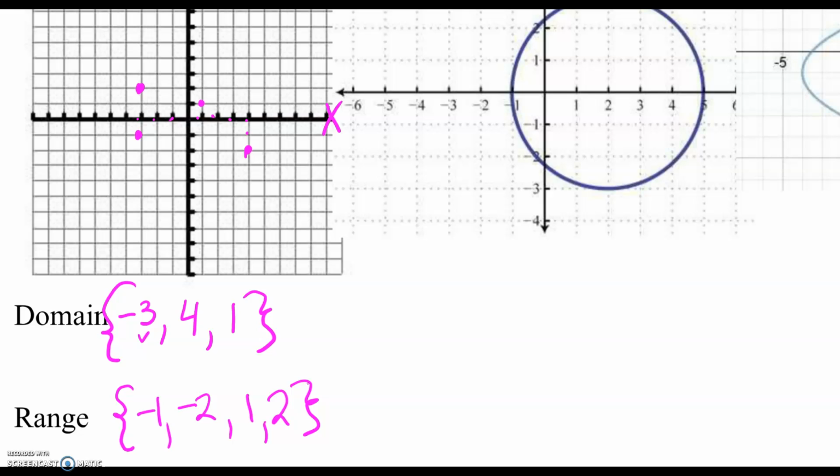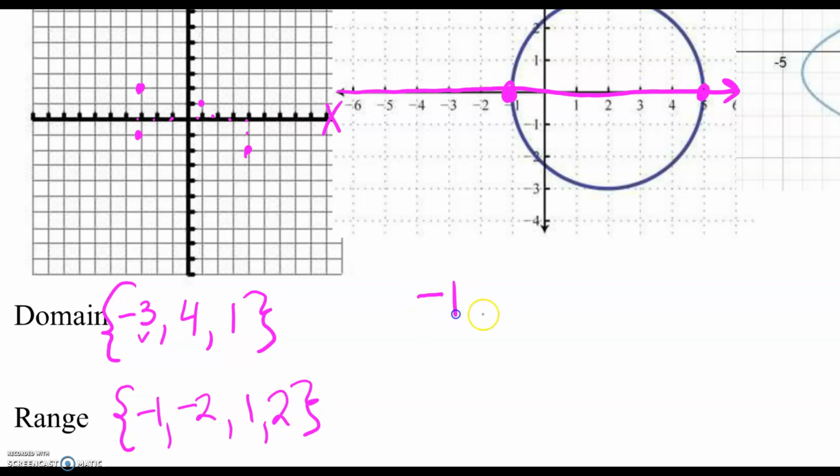On this next non-function, it fails the vertical line test. I'm still going to list the domain and range. So I look at the domain. The first x value, when I'm reading it from left to right, is -1. And then the last x value is +5.